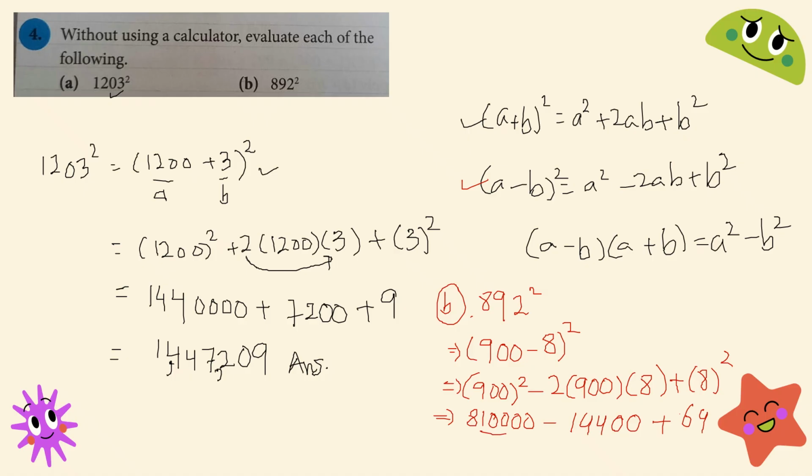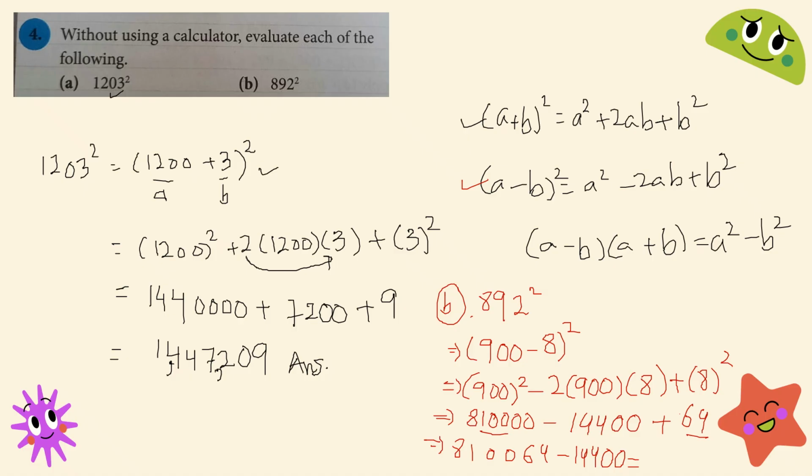Now firstly what I will do is add 810000 with 64, and that will give me 810064, and then I will subtract 14400 from this, and let's see what I am going to get.